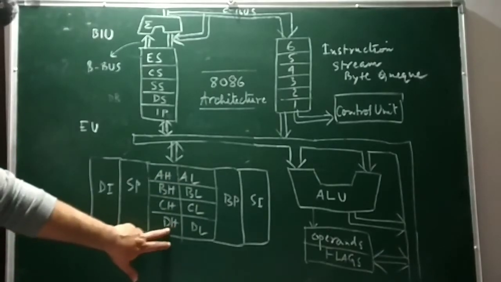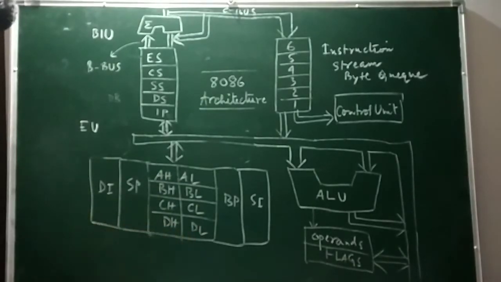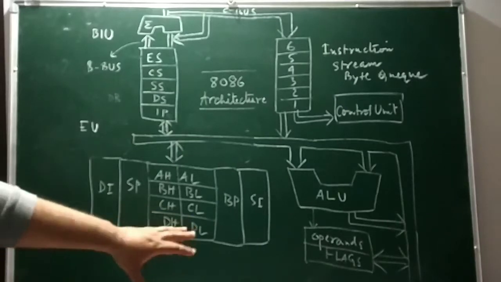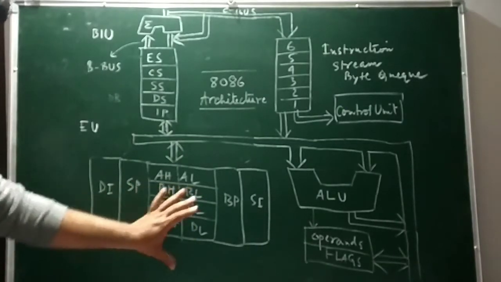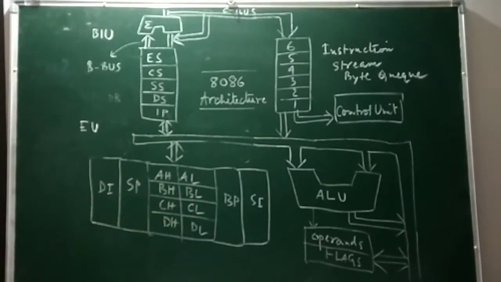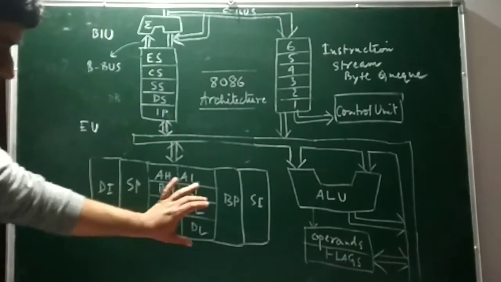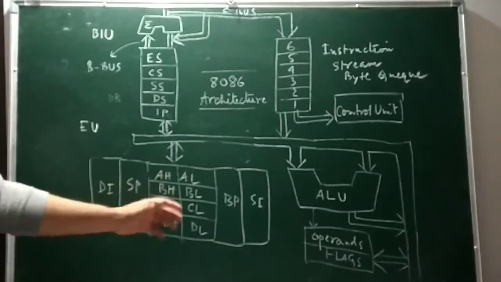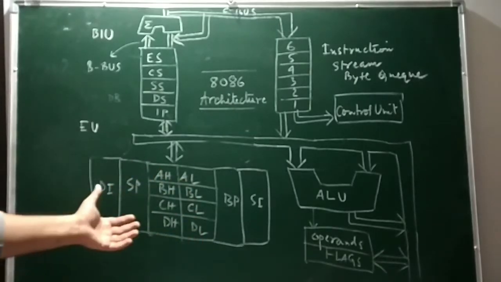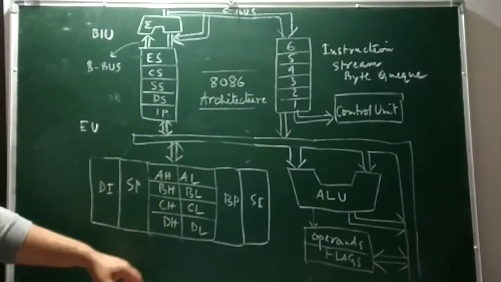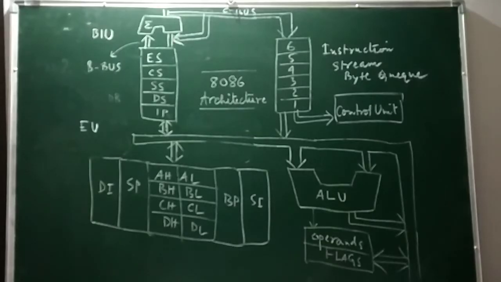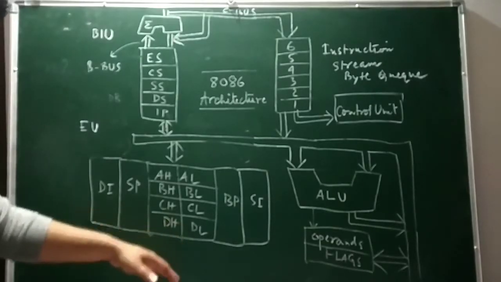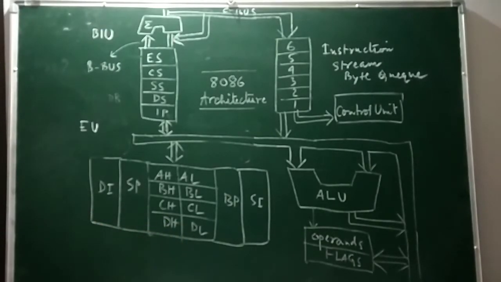And last, DX, or DH, DL, together DX, is a 16-bit general purpose register which may be used as an implicit operand or destination in case of a few instructions. So it is basically used as an implicit operand register.